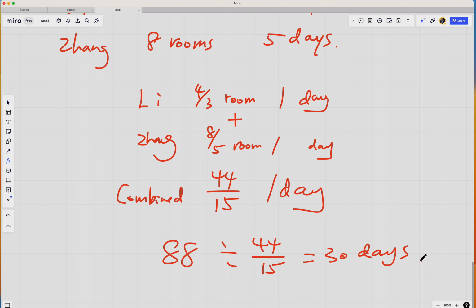R-E-L-I-E-F, relief. Relief means no need to pay tax on that. Tax exempted, or non-taxable. Does it make sense? Okay, so they have the kids relief.